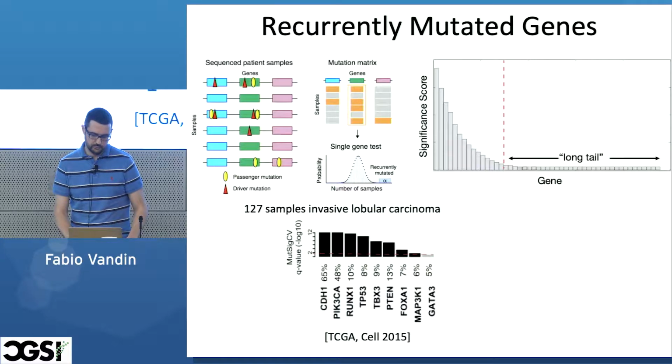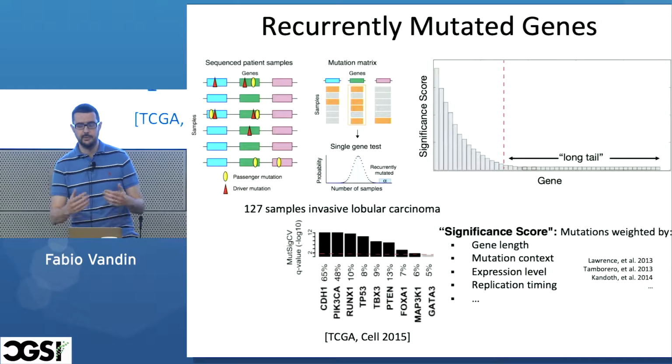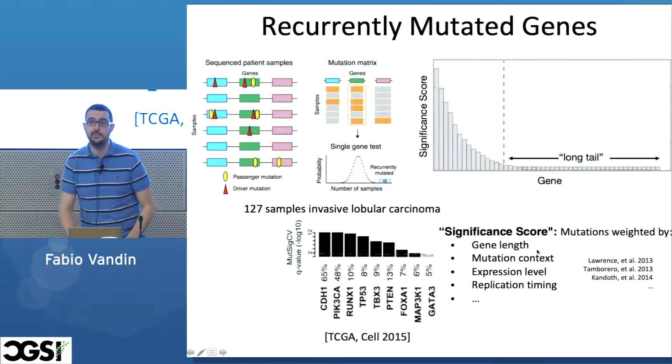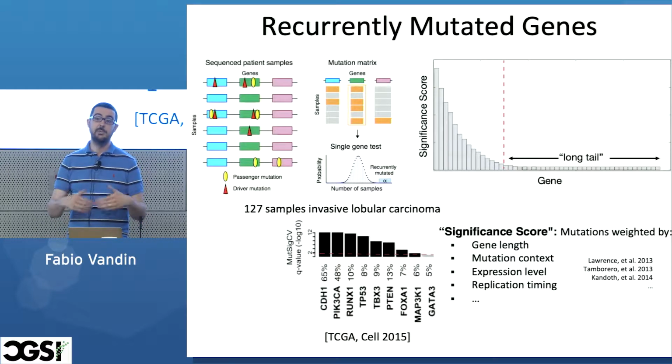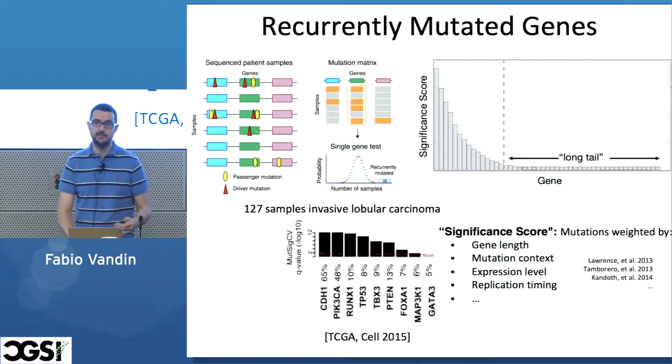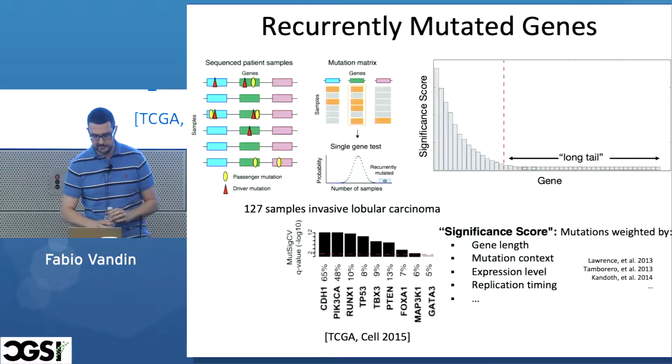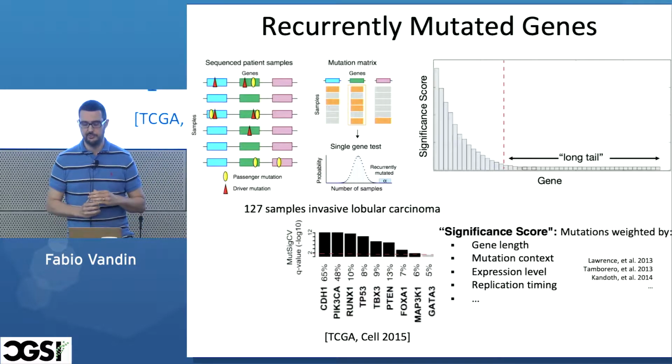And to understand why this simple test may not work perfectly, this is due to the fact that there are many confounders that one has to take into account when trying to estimate the background mutation rate for the different genes, since the probability of mutation of a gene depends on many factors, like its length, the expression level of the gene, the replication timing, and many other factors that probably we don't even know all of.